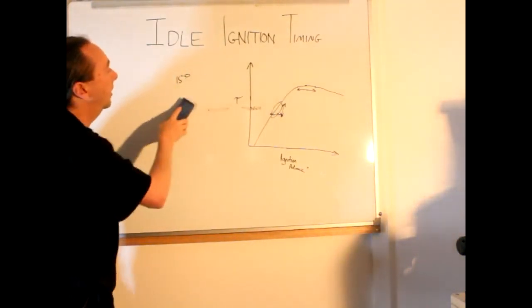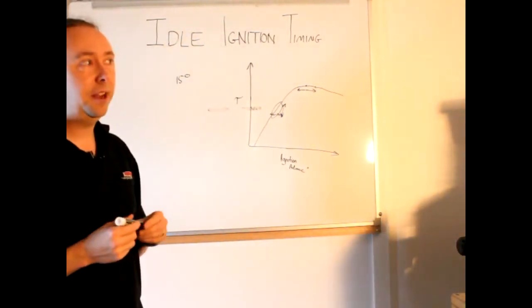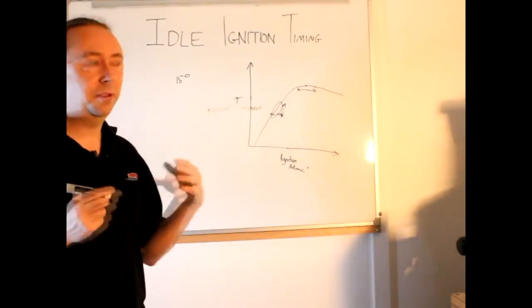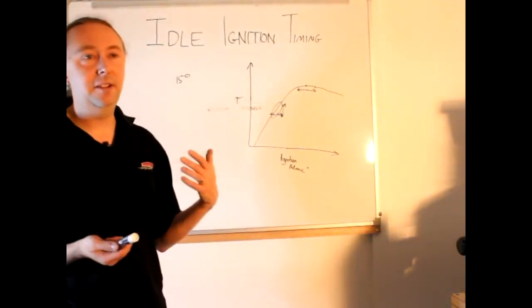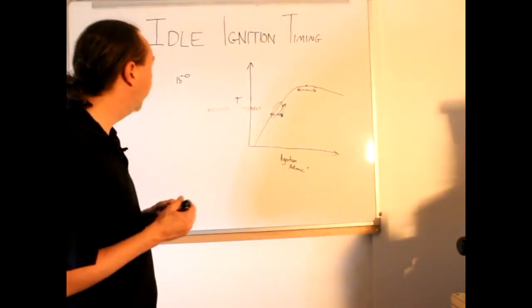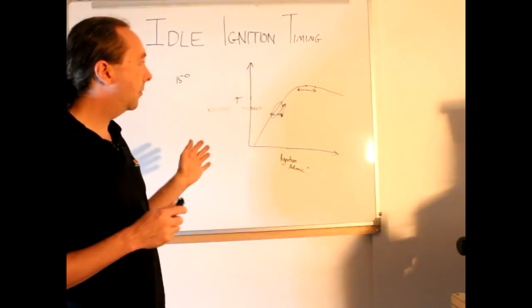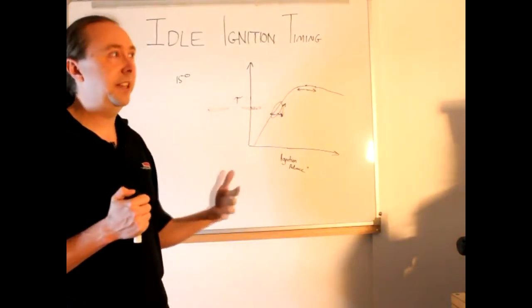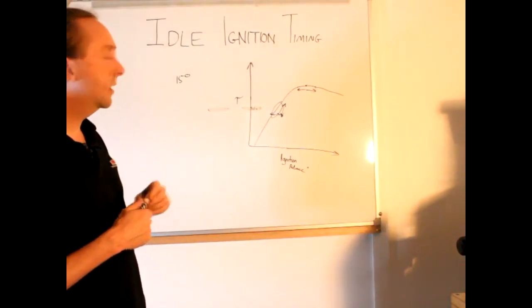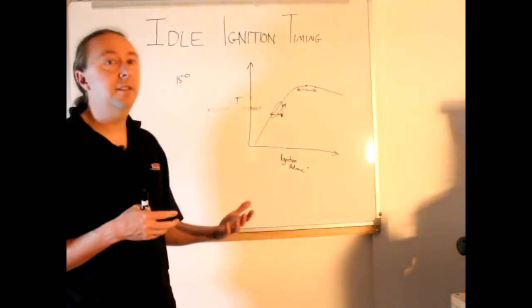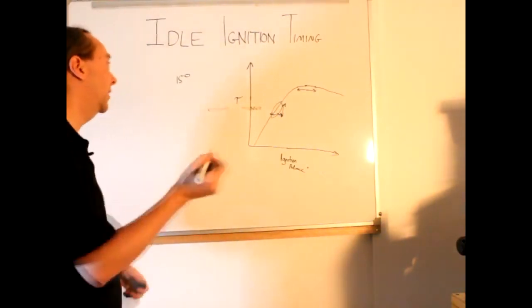Now, if you've got a highly modified engine with large injectors on it, and you put large injectors on it because you want to be able to run ethanol, but this is a flex fuel thing, so it's on petrol as well, you might find that, especially if it's a fairly standard engine internally, it needs so little air at idle that you actually have trouble delivering the correct amount of fuel with those big injectors.